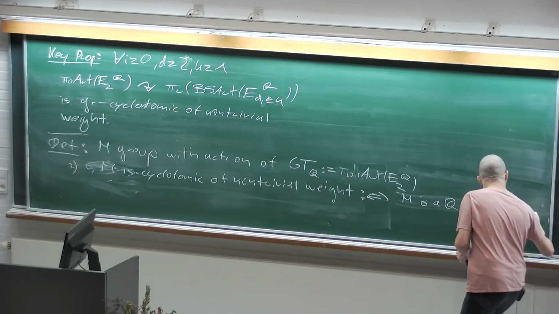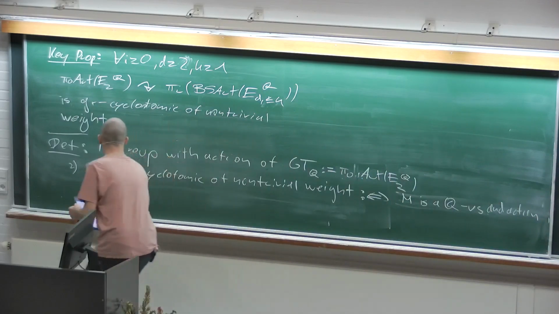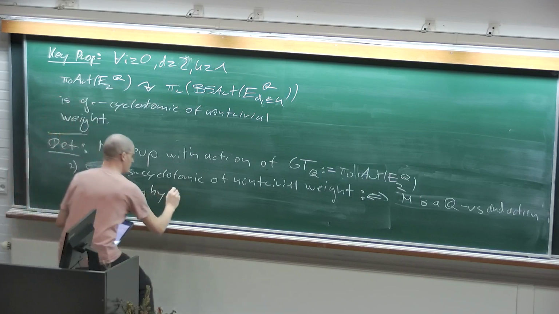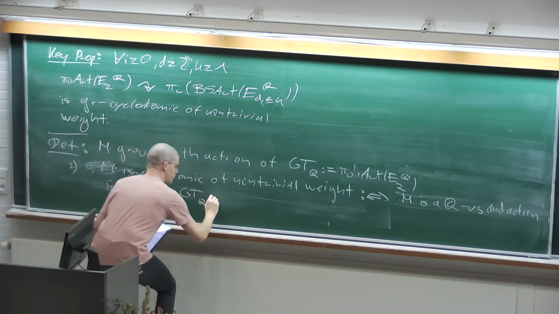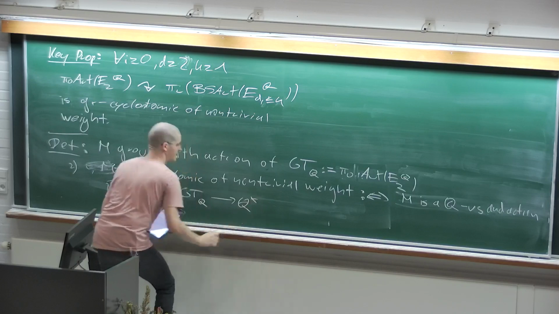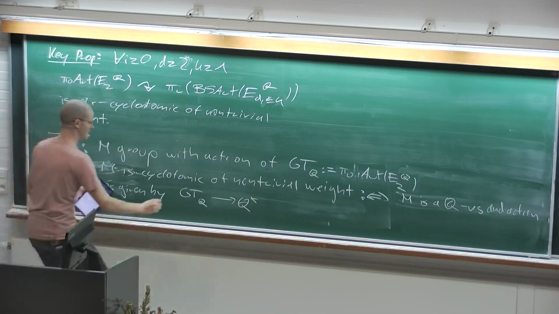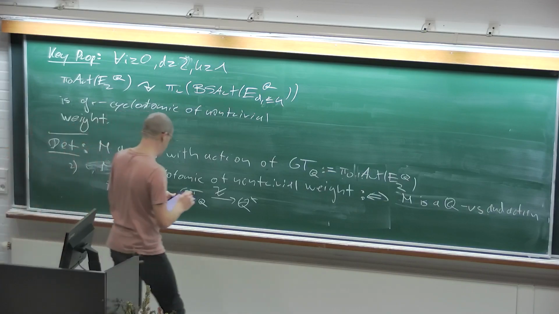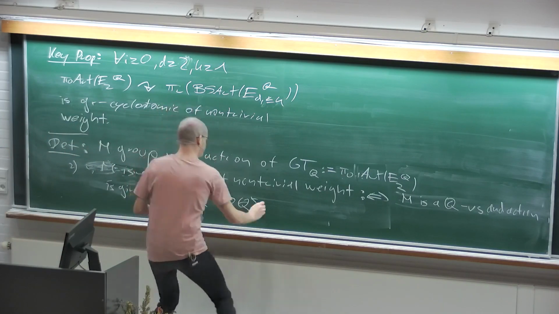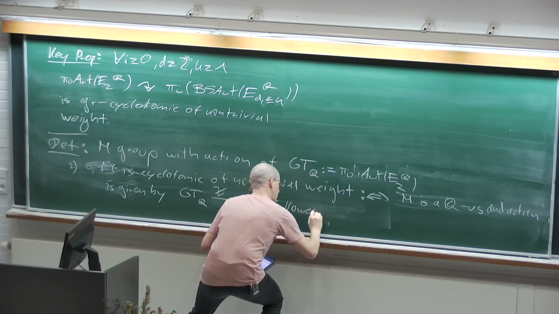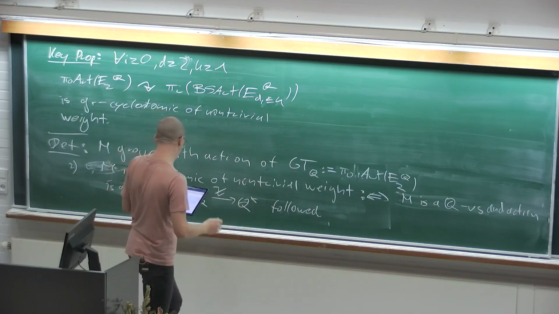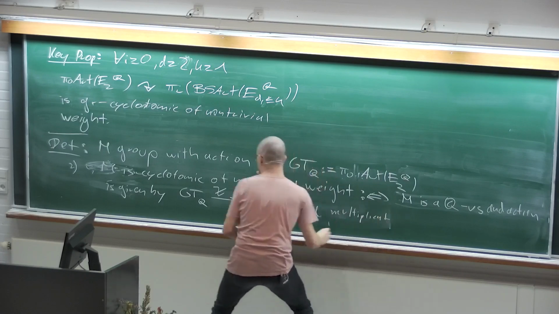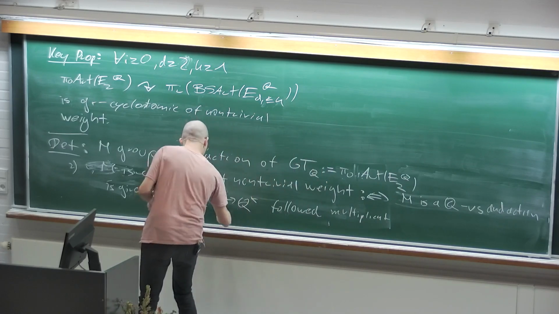And the action is given by the following. I take this group, I map it to Q star by acting on the top homology of the arity 2 part. Let's call this rho. This is related to something called a cyclotomic character, but I don't want to go into that. And then I use that, followed by multiplication. Sorry, I call it psi, yes.